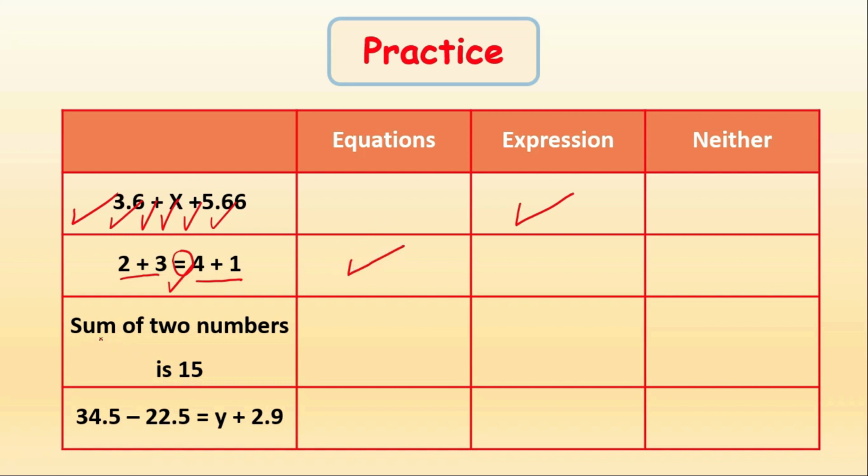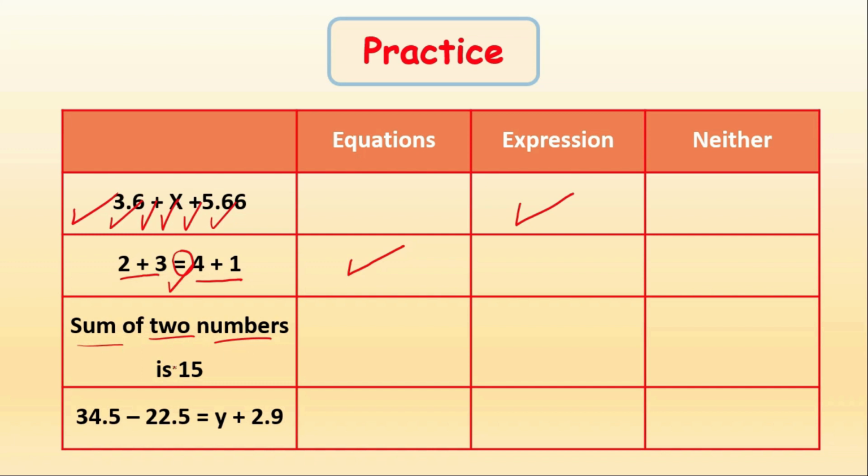The next one, sum of two numbers is 15. Here we have words: sum of two numbers. Are we talking about words? No, we're talking only about letters, symbols, numbers, operations, and sign of equal.